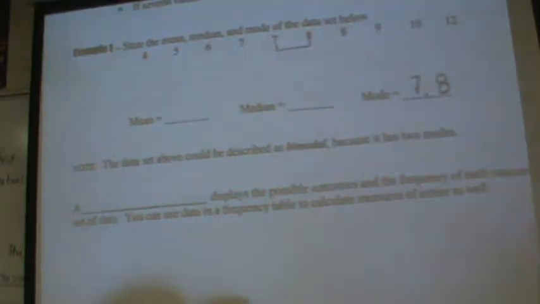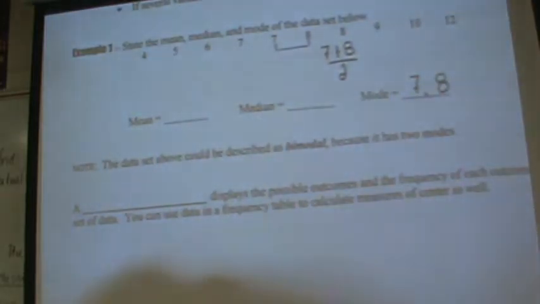So if we're looking at our set, if we look at the 7 and the 8, we have 4 points on this side and 4 points on this side. So these are our 2 middle values. So we're going to average those 2 middle values to get our median.